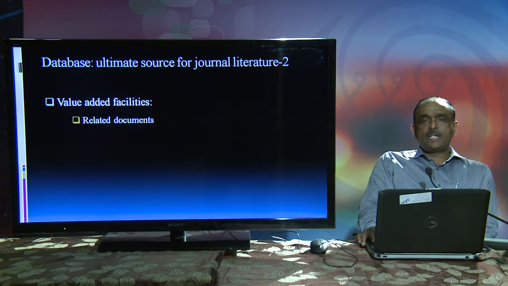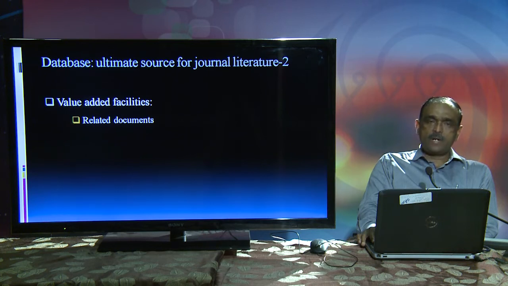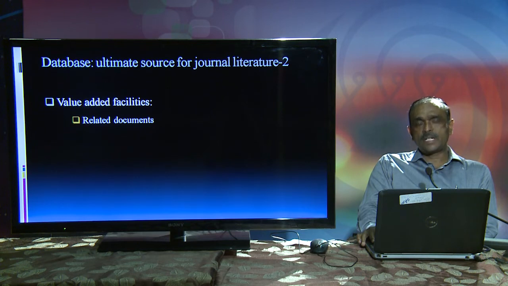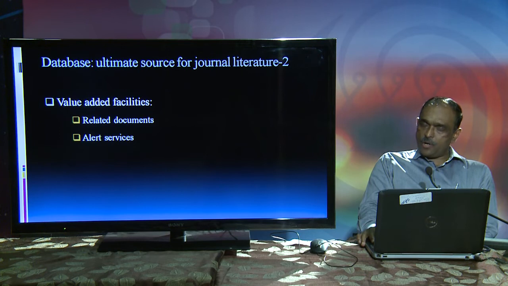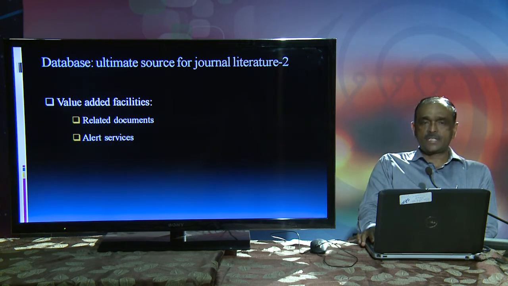Apart from the simple and advanced search, databases have a number of value-added facilities, such as helping you know the related articles to a particular article. Almost all databases enable researchers to set alert services.